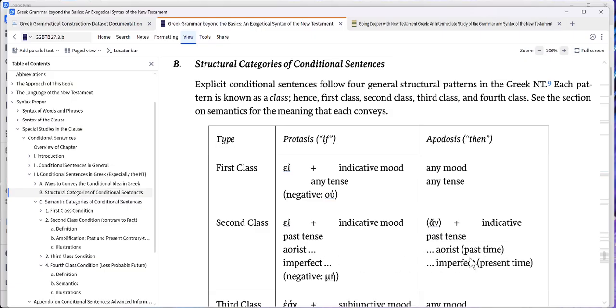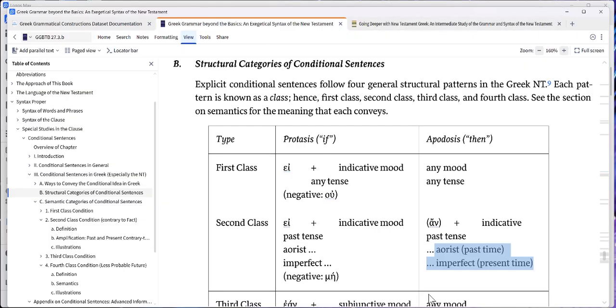It could also be in the aorist or the imperfect. Now, we already heard about the significance of these two to what it is doing. So we're looking for something either in the aorist or the imperfect.